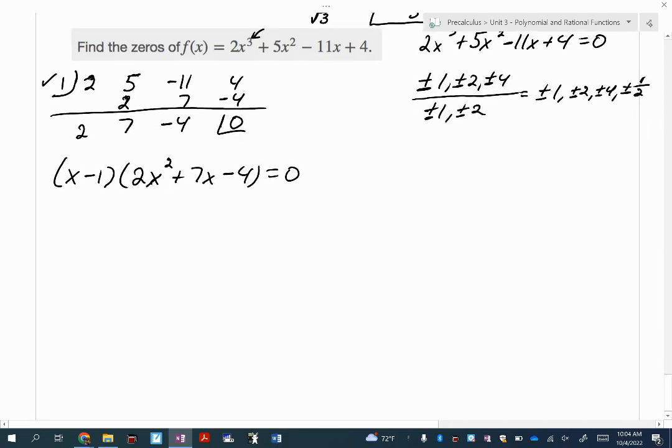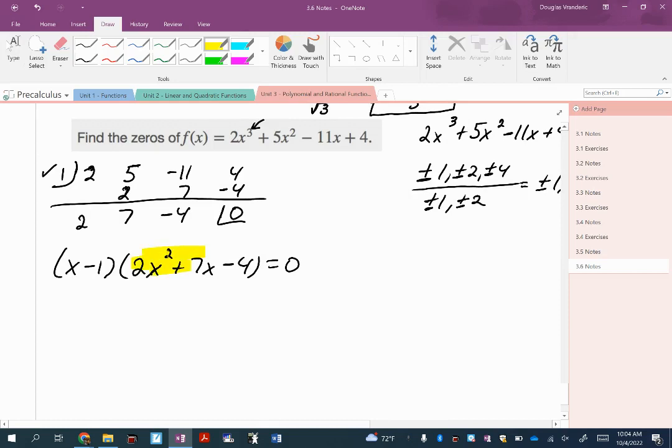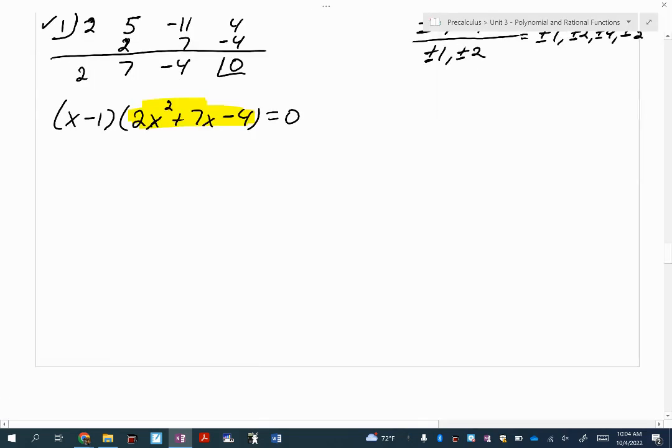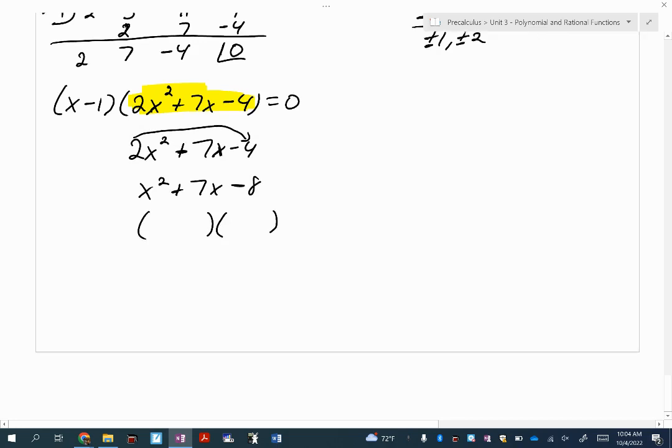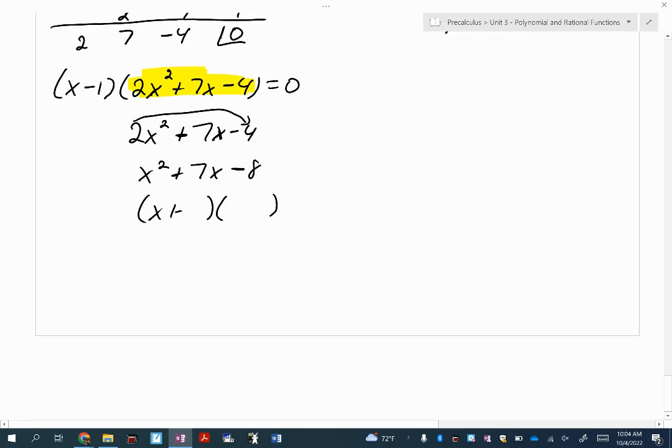Let's try to factor this quadratic trinomial. So try to imagine that we're backing up 1 unit. So 2x squared plus 7x minus 4. Let's do slide divide bottoms up. So x squared plus 7x minus 8. So I need factors of -8 that add to 7. That's going to be plus 8 and minus 1.